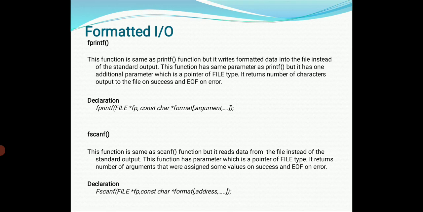This function also has a parameter which is a pointer of FILE type. It returns the number of arguments that were assigned values, otherwise EOF on error. So this is the declaration of the fscanf function.